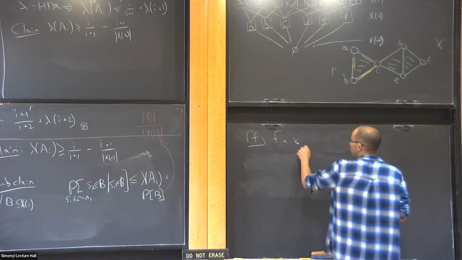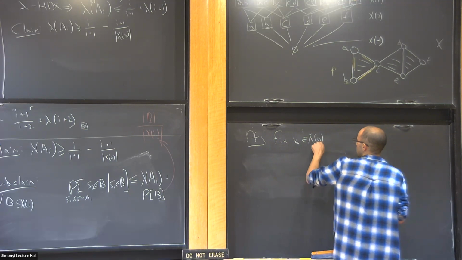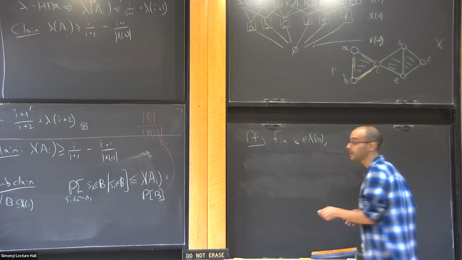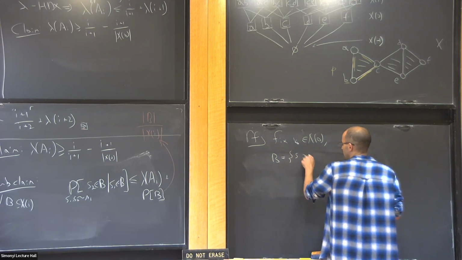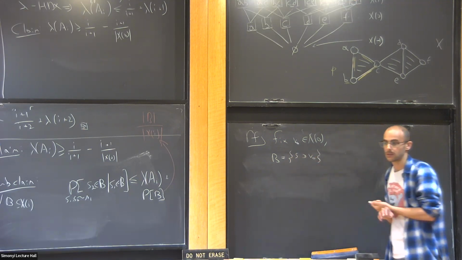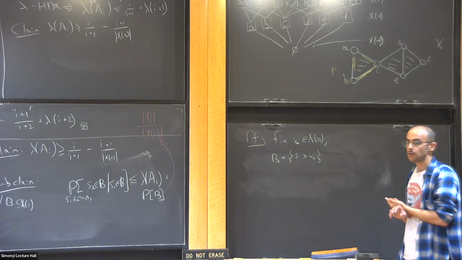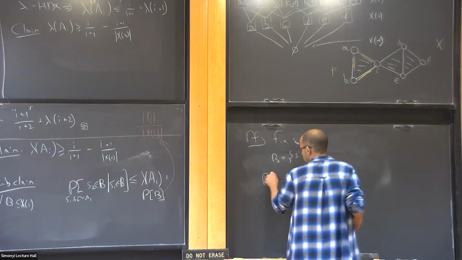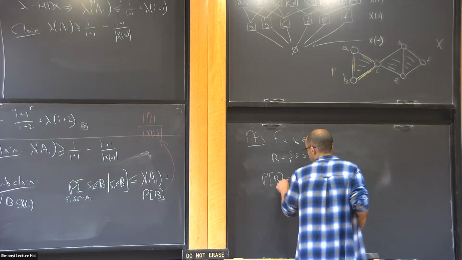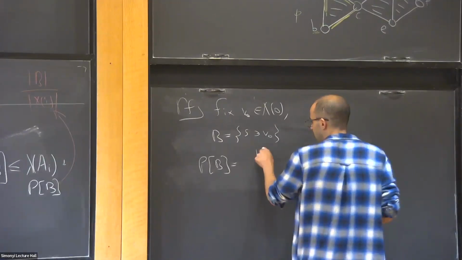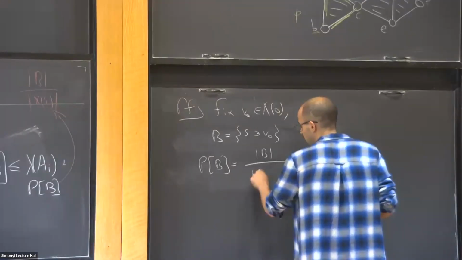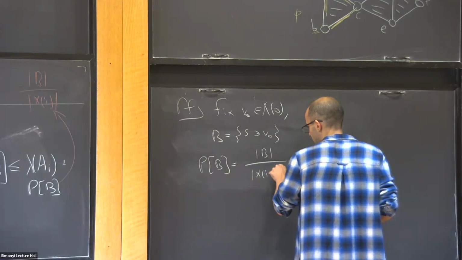we're going to fix some vertex, let's call it V naught, from the lower levels, and we're going to look at B, which will be all sets that contain this vertex. So if I look at the probability of B, this is the size of B divided by x_i plus 1.